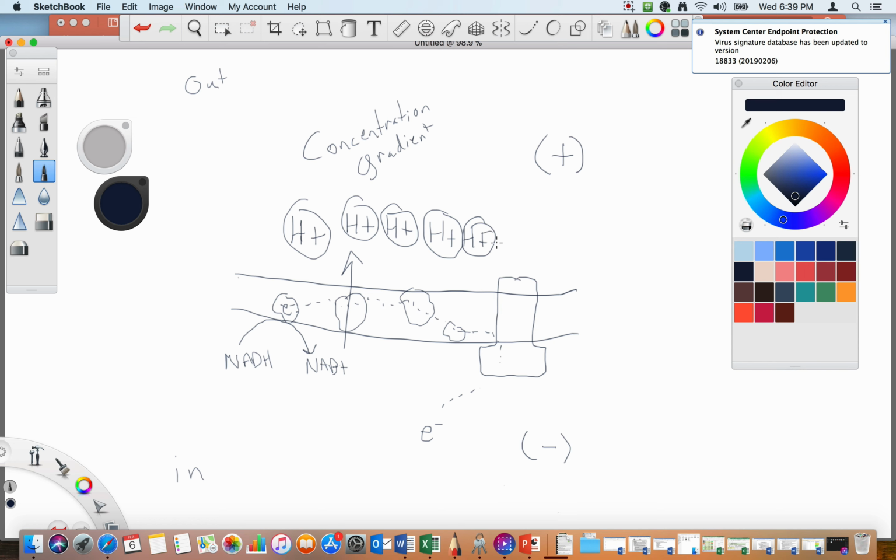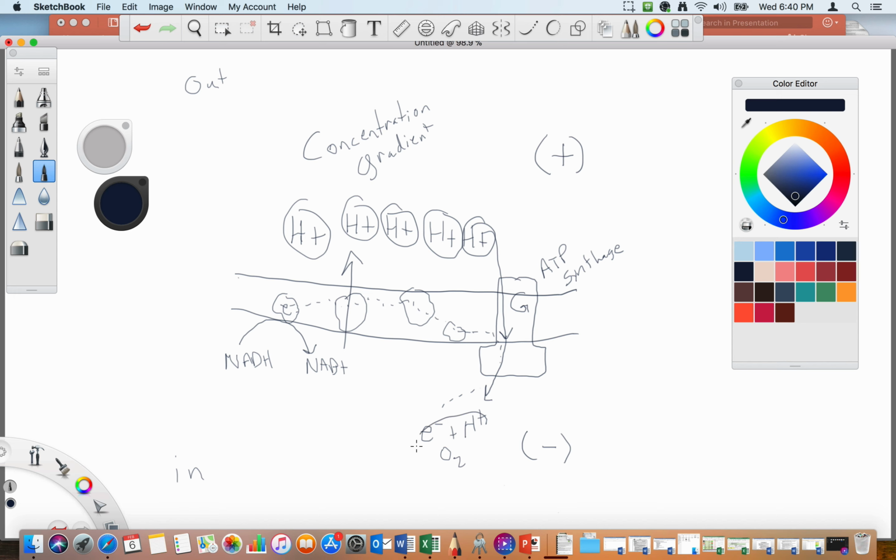So they actually have to be let back into the cell through this last enzyme here. It's called ATP synthase. This is a spinning turbine enzyme. This thing actually moves, and it is powered by those protons flowing through ATP synthase. So those protons come back in. They will combine with the electrons and the terminal electron acceptor oxygen, and they will make that water that we talked about in that equation.